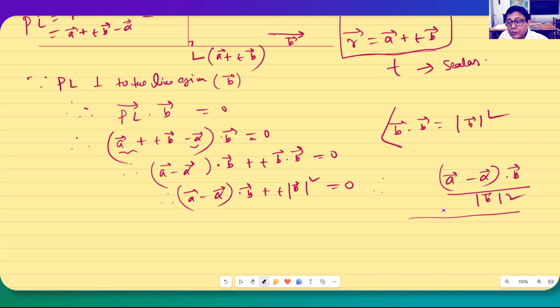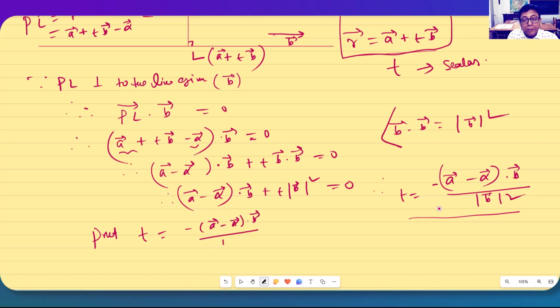So T is going to be minus of this thing. So the point L is found out. You put T equal to minus that in L, that is A plus TB. I am telling you the method, I am not putting it there.